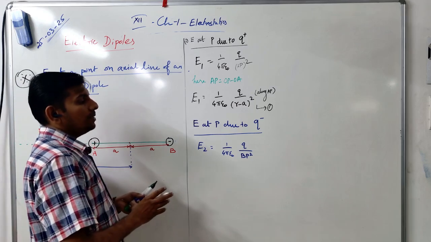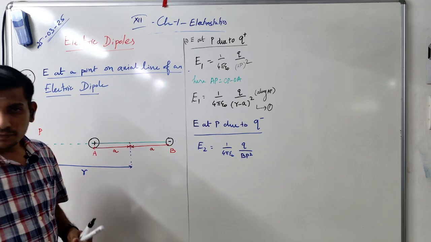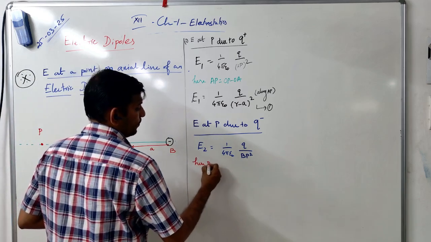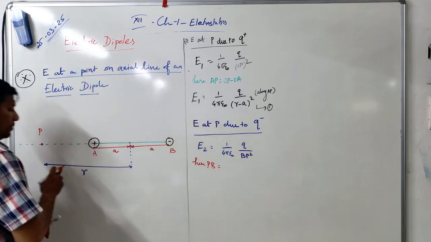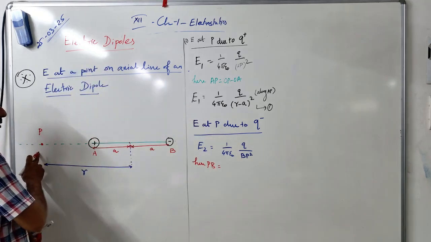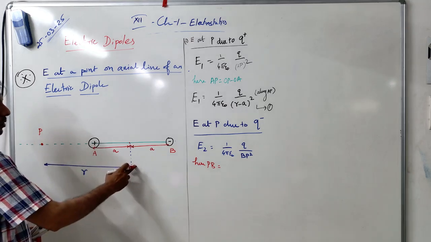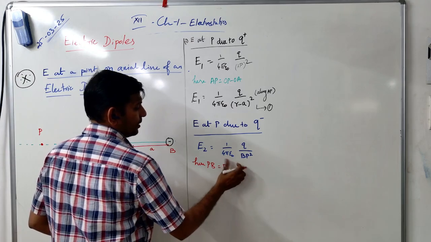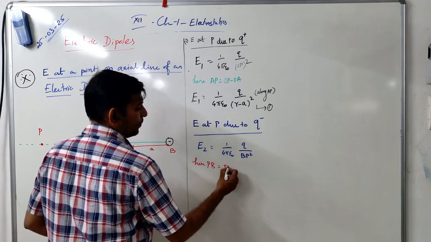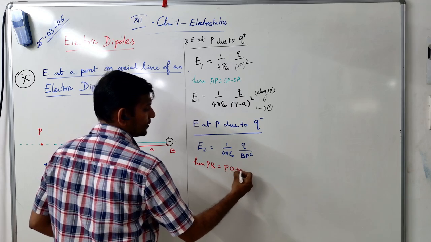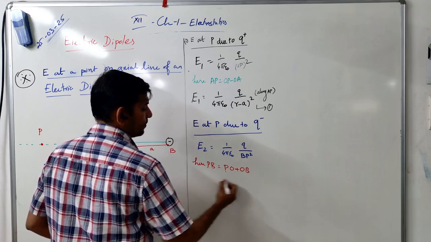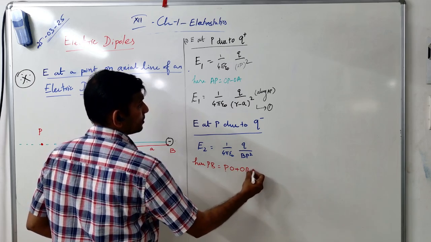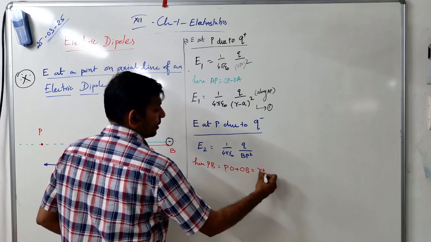So how do you write the PB here? Very good. PB is equal to PO plus OB, which is R plus A.